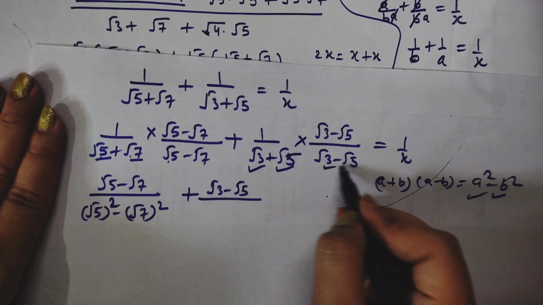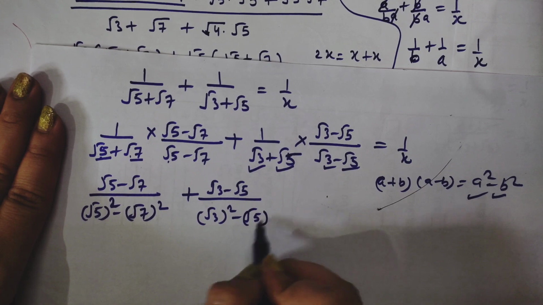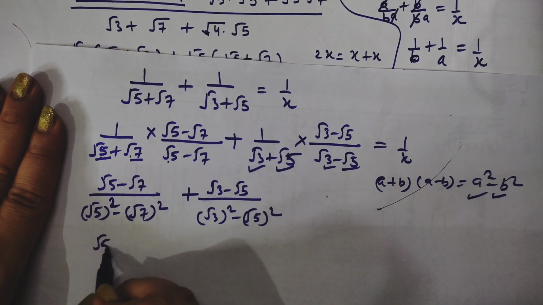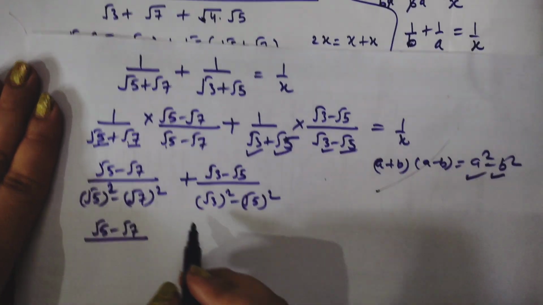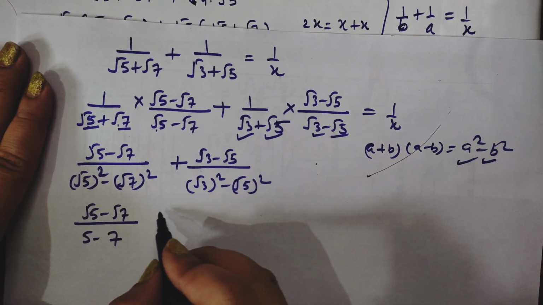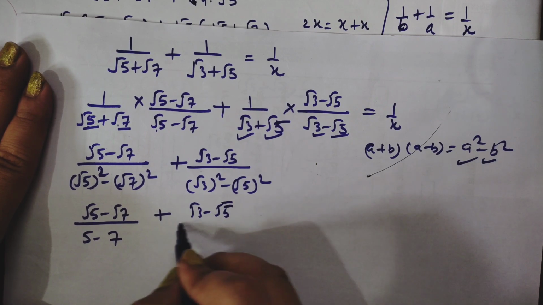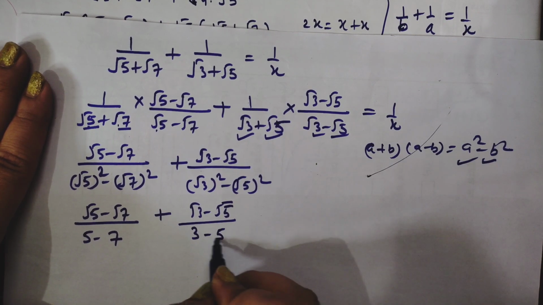Now a plus b and a minus b again, root 3 square minus root 5 square. Now root 5 minus root 7 is as it is. This root 5 square is 5 minus 7, and this root 3 square minus root 5 square is 3 minus 5.